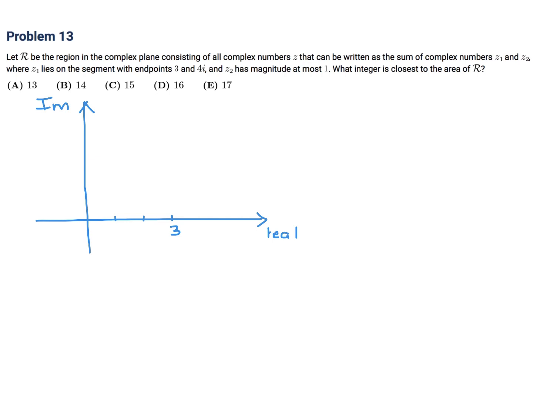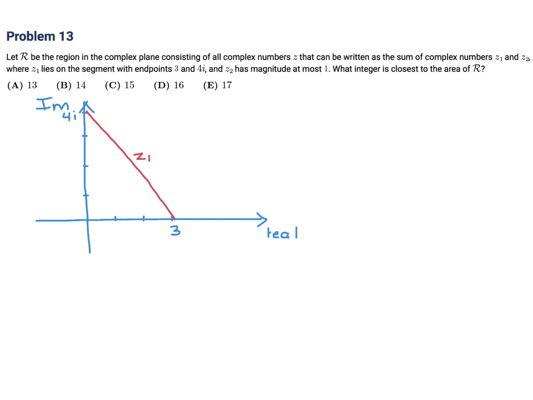And then 4i, 1, 2, 3, 4i up here. Okay. So there's a line between those two. So let's just draw that line. And that is the story of Z1, basically. Z1 exists somewhere on this line.